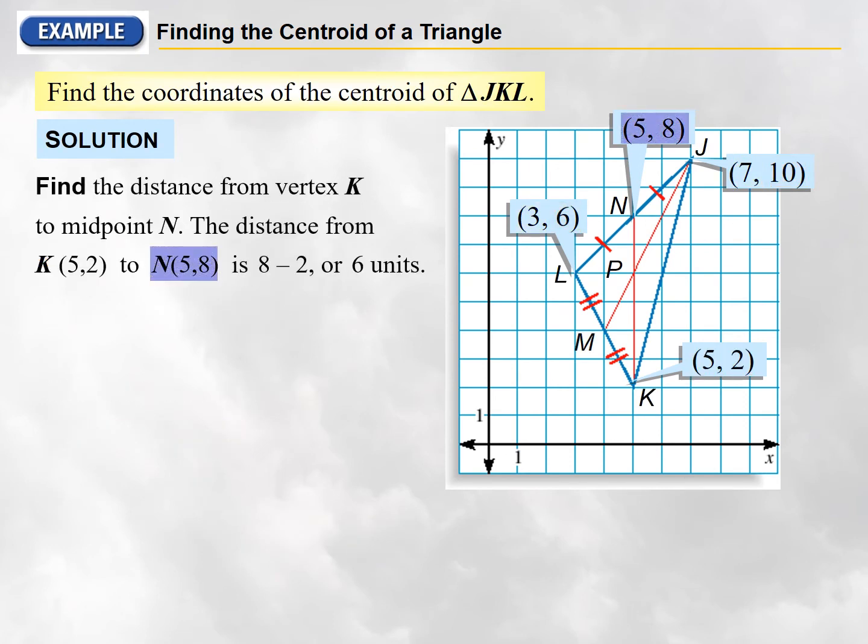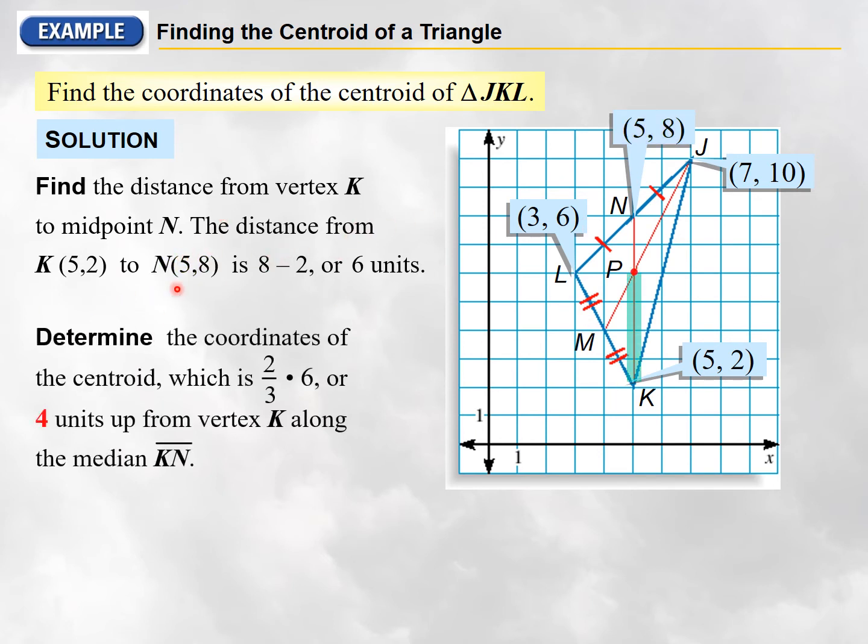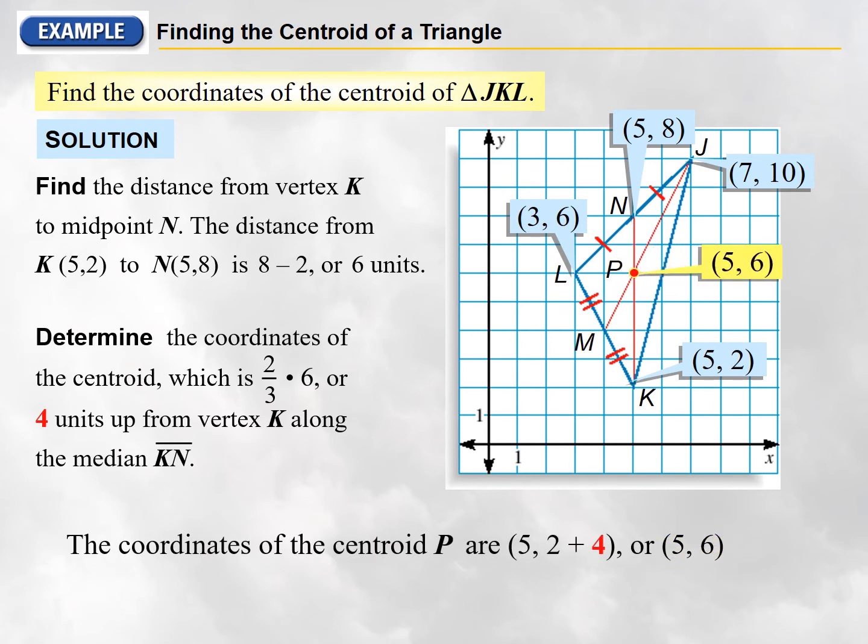Now let's find the distance from vertex K to the midpoint N. The distance from K (5, 2) to (5, 8) is 8 minus 2, or 6 units. To determine the coordinates of the centroid, go 2/3 of 6, or 4 units, from vertex K along the median KN. So the coordinates of the centroid P are (5, 2 plus 4), which is (5, 6).